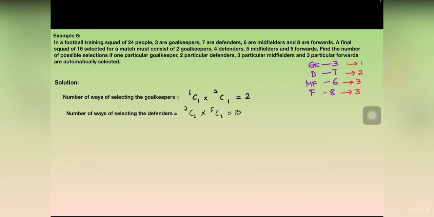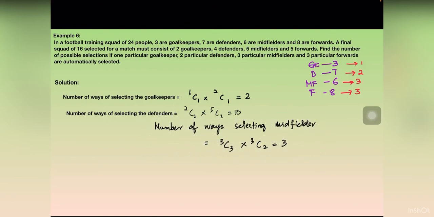Originally we have 7, 2 are already taken, so we have 5 defenders left, and we have to select 4 defenders, so we have to select 2 from these 5. So we have 10 ways.